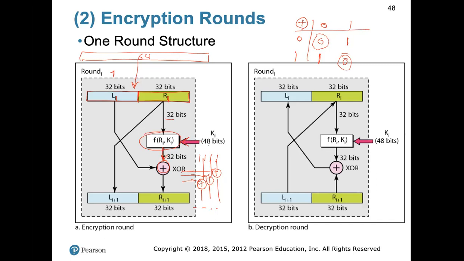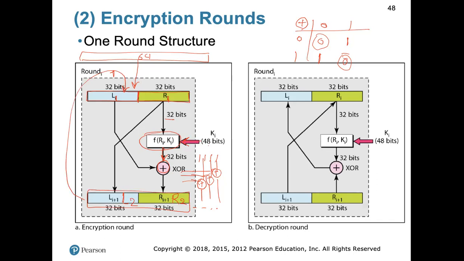And then we take that output, we XOR it with L1, and what we get will be used as the R for the second round. So this should be R2, and this goes to L2. And again, the same round. Now we can assume that this just turns back here.